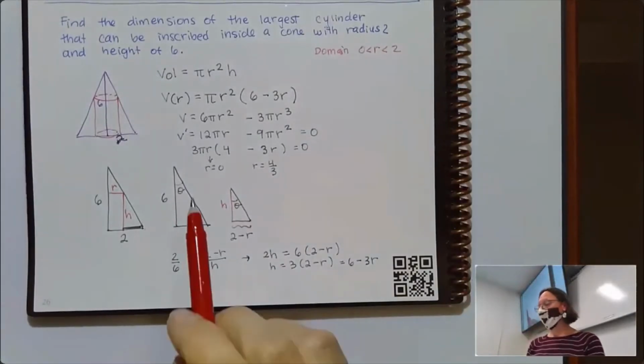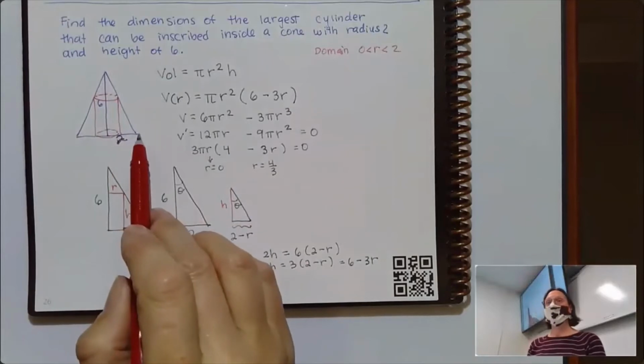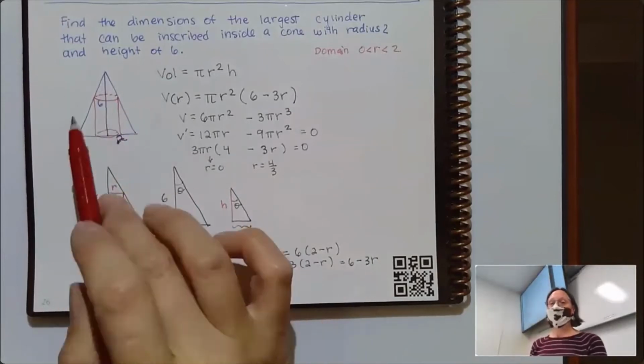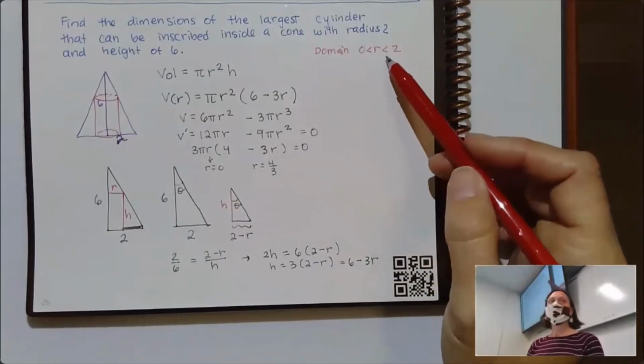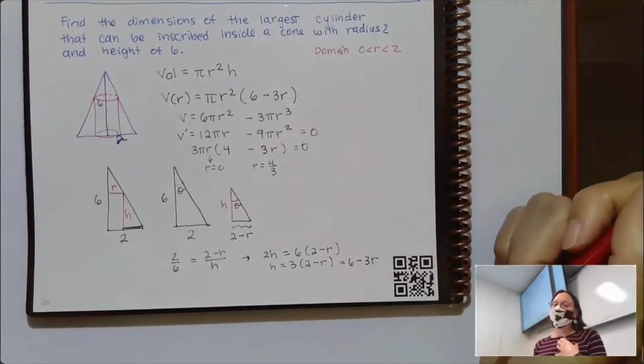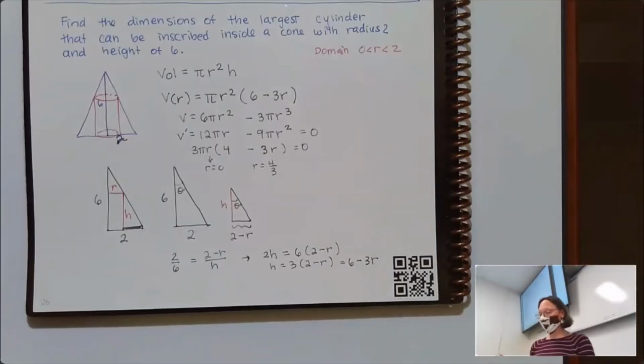Because if we get out to 2, the height is going to have to be 0 if it's going to stay inside the cone. And yes, you could argue that we should include those endpoints. I just say we don't have a cylinder if we're at one of those two endpoints.